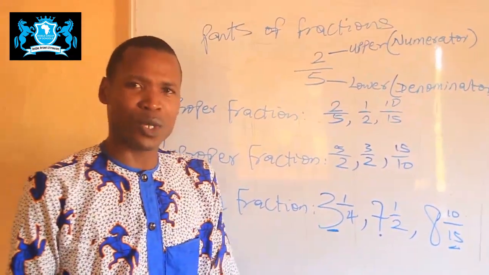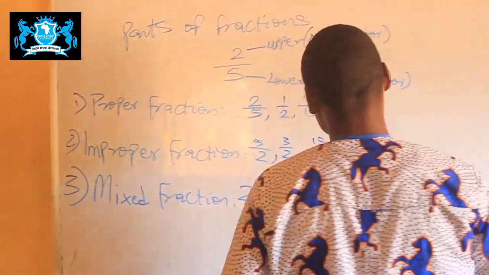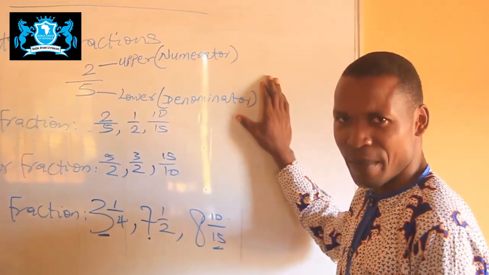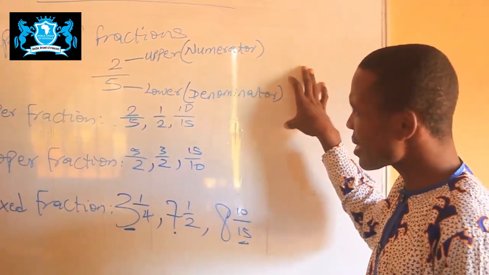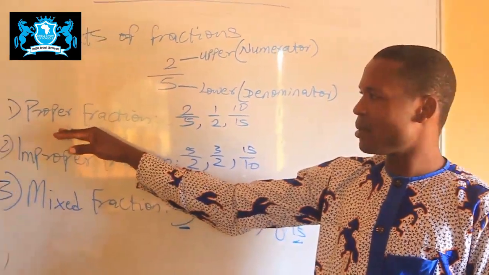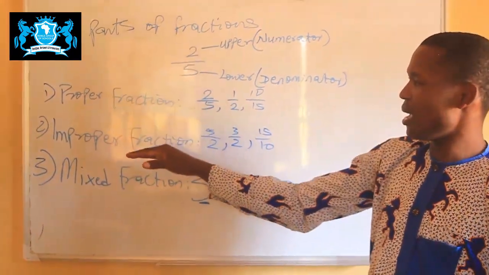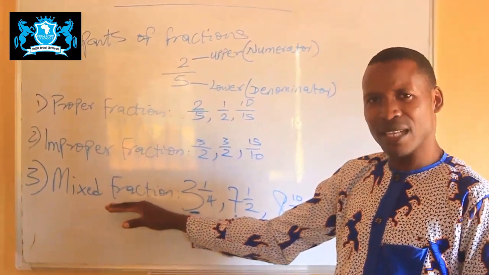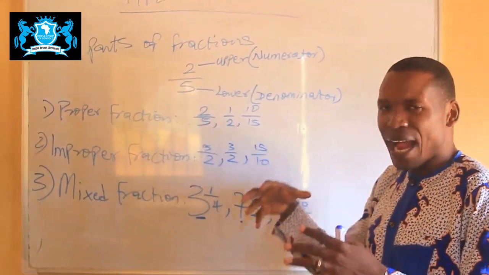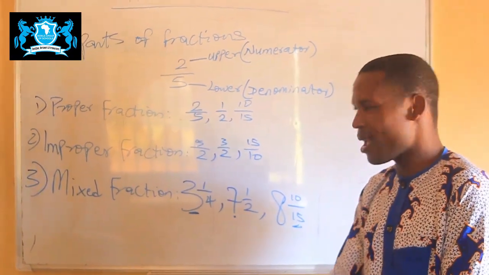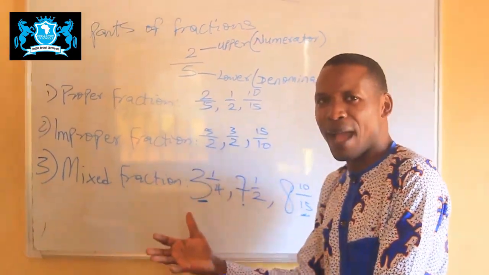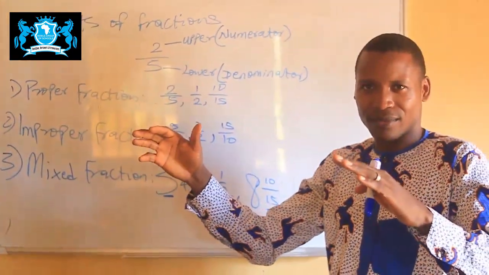In recapping what we just said, in fraction we have the numerator, the upper side, and the denominator, the lower side. Aside from that, we have three types of fractions. Mention them: the proper fraction, the improper fraction, and the mixed fraction. In the proper fraction, the bigger number is the denominator, is lower, while the smaller number is up. So the big number is carrying the small number.